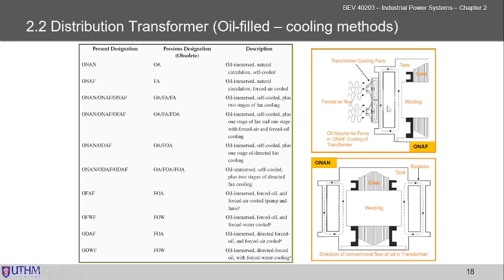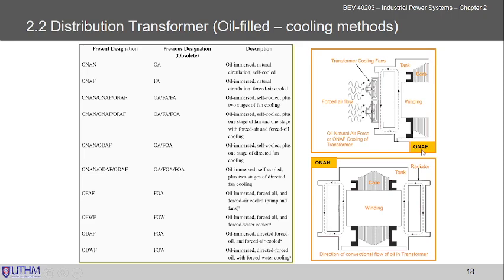So for example here, if you have the transformer, this is the internal cooling system. Internal, we use O, which is the oil. N is natural, so that means the convection is by nature, flowing naturally inside the transformer.